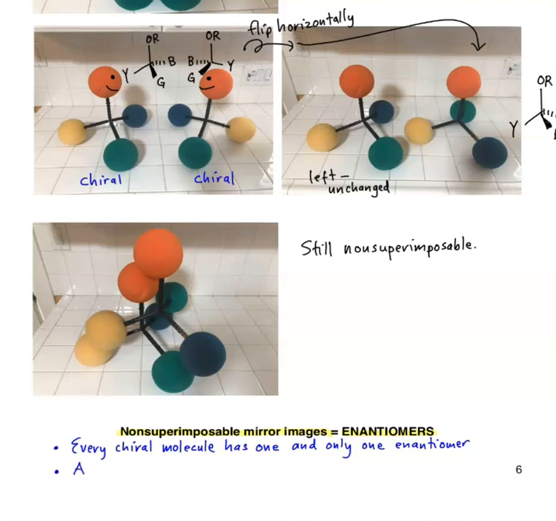And let's fine-tune this a little bit. A molecule that has one asymmetric carbon is chiral. So if you look at a structure and you identify that there's one asymmetric carbon in it, you know right away that that is a chiral molecule.